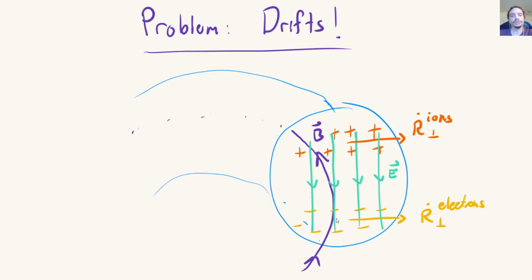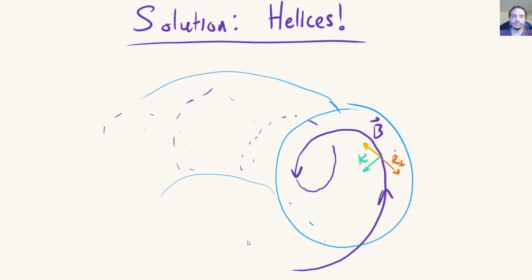But it turns out things are okay as long as we take an idea from the gyro motion of the particles around B. Let's make the magnetic field move in a helix itself. Now the magnetic field line is moving in a big helix. But remember, also the particles are moving in tiny little curls around the magnetic field line. So there's a lot of helixing going on. Now the curvature drift just points towards the middle of the donut, the axis of the device.